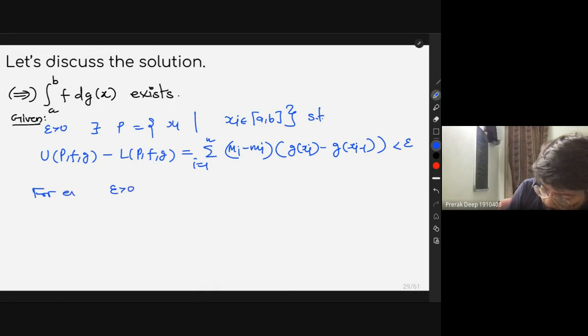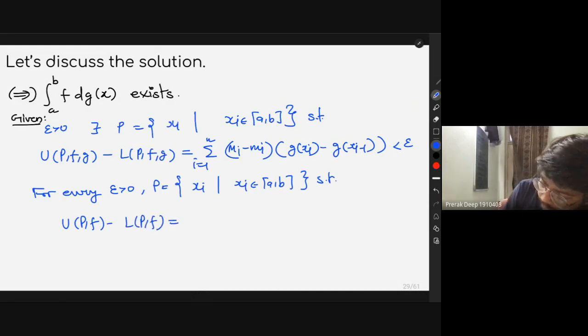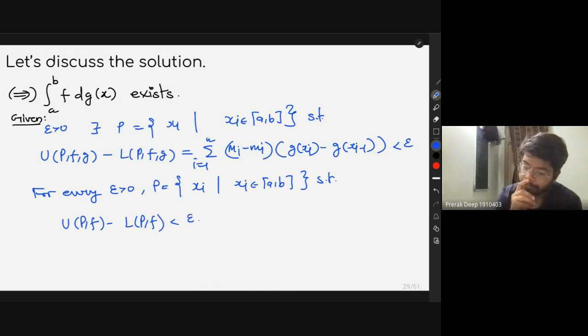For every epsilon, we need to find a partition x_i such that U(P,f) minus L(P,f) is smaller than epsilon.